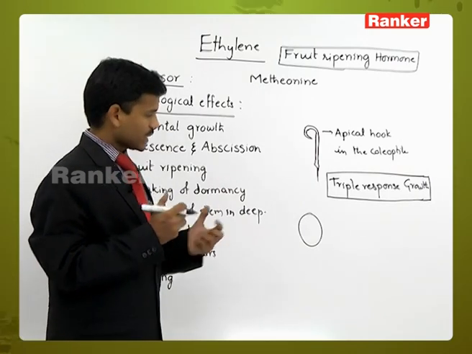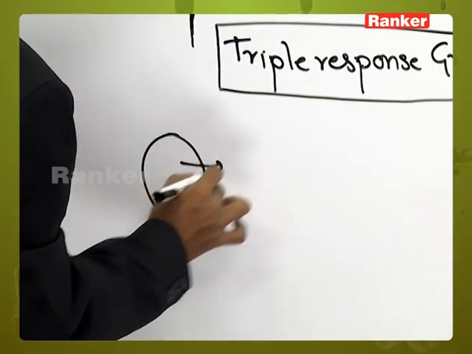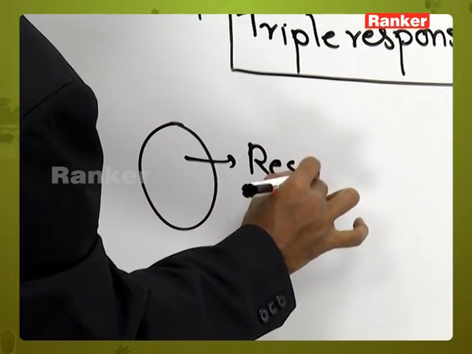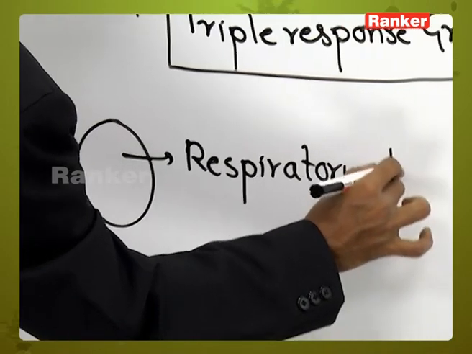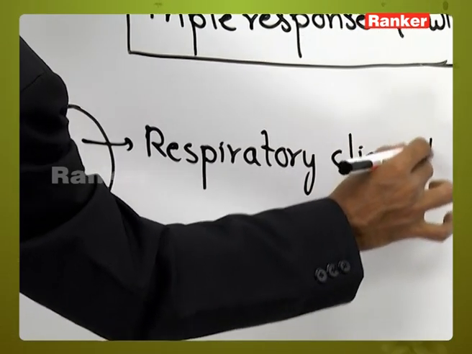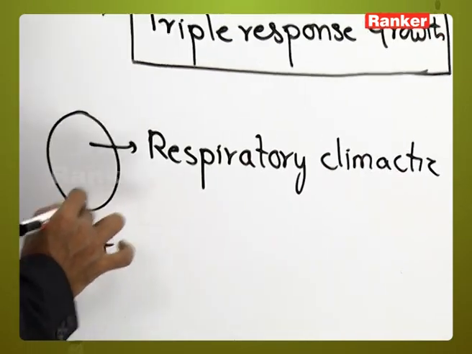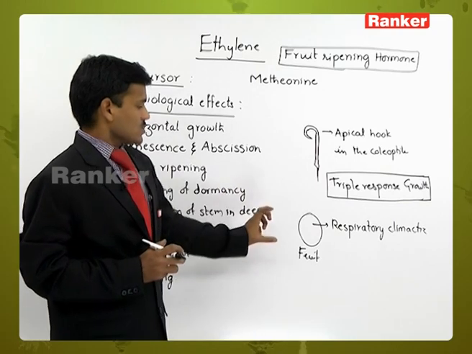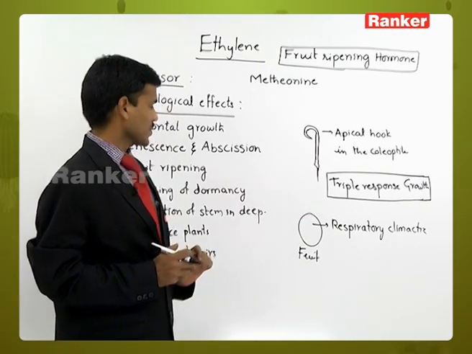In the fruit during ripening, the respiration rate increases rapidly. So it is called the respiratory climacteric.